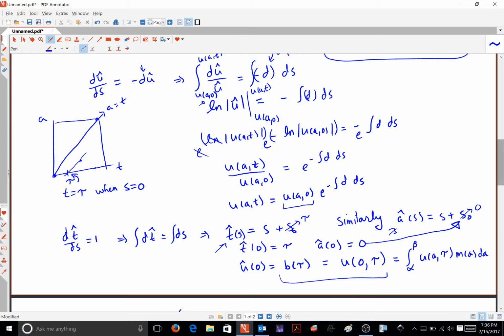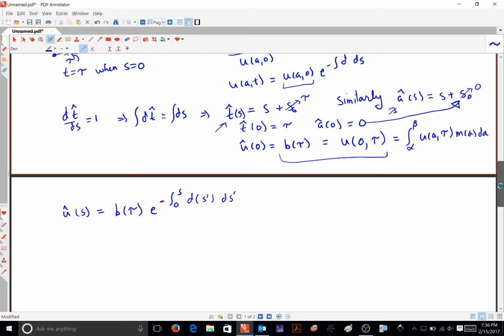Okay. Let's go down here. So that gives us our b of tau. Now, what we want to do is to figure out how they get that to be some L of s. They set it equal to b of tau, L of s, and they're going to define L of s.